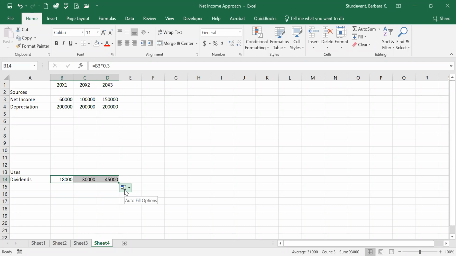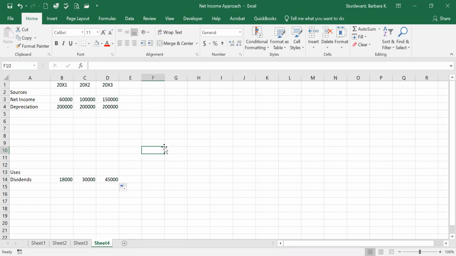All right, then we have accounts receivable, accounts payable. So accounts receivable, the same thing happened every year. It increased. So if accounts receivable increases, is that a source or a use? A use.